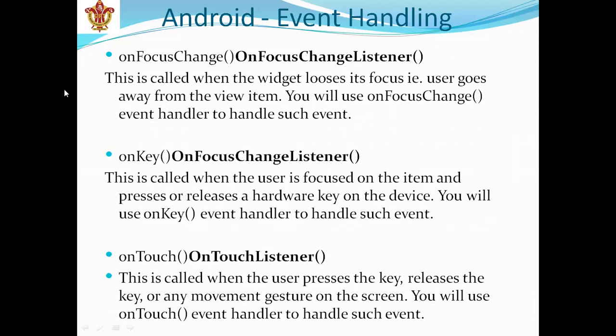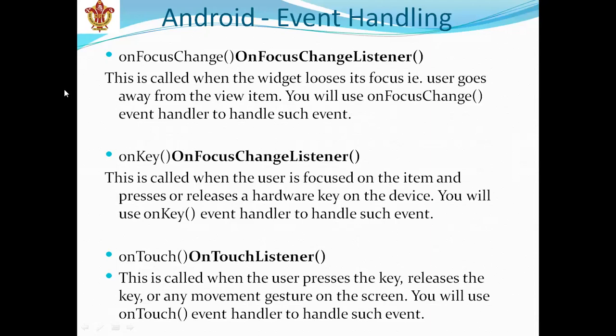This is called when the user is focused on the item and presses or releases a hardware key on the device. You will use the on key event handler to handle such an event, like the start and stop button. We can take this as an example.